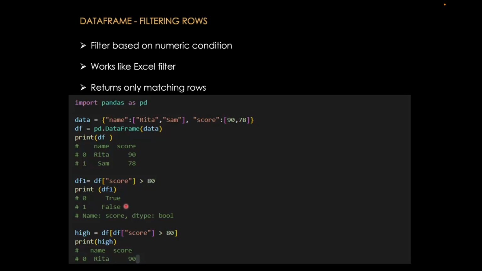But our expectation is to get all the records where the score is greater than 80. Then we need to use df[...]. So we are creating a df where the score is greater than 80. It will create a new df, high, which has the actual data.